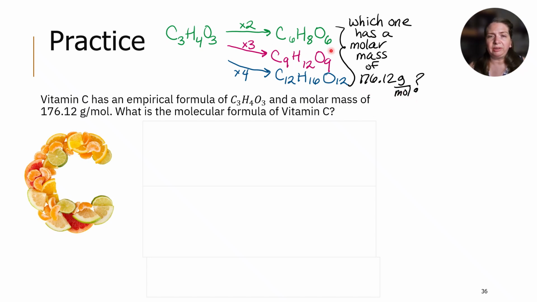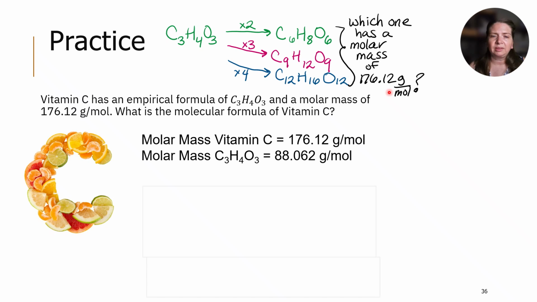We could do a guess and check method to figure out what is the correct molecular formula. However, there is a smarter way of going about this. We can compare the molar mass of the empirical formula to the molar mass of the molecular formula. First, calculate the molar mass of the empirical formula.